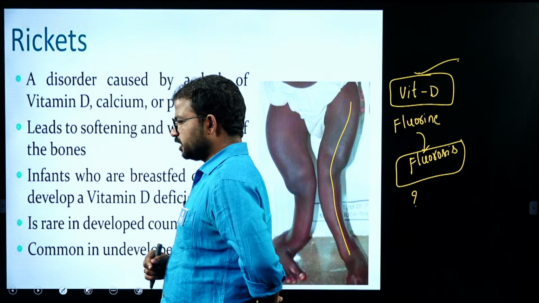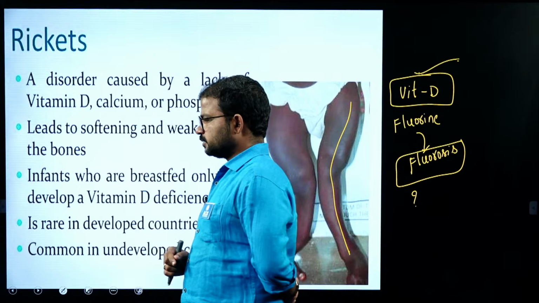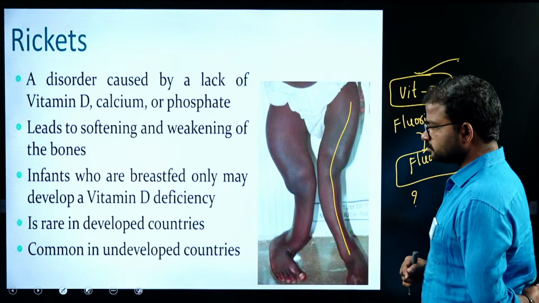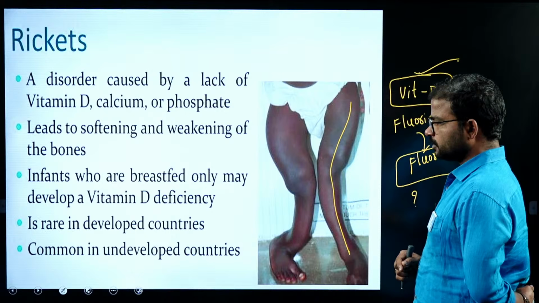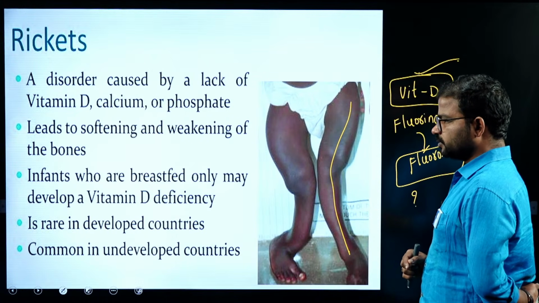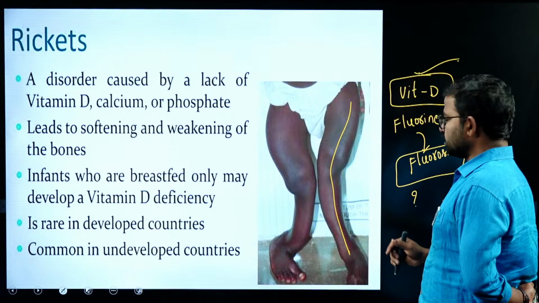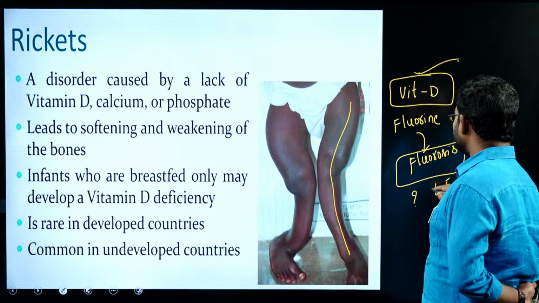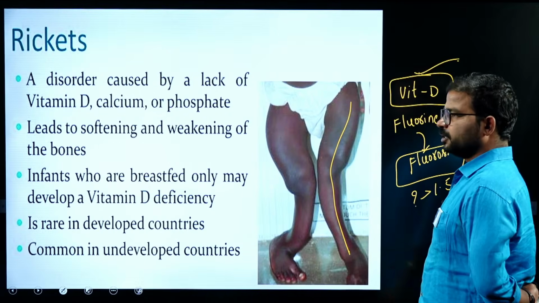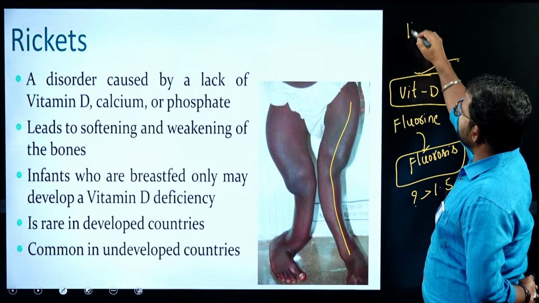Shiva, 5 milligrams per liter. 1.5 milligrams per liter. Okay, good. So more than 1.5 milligrams per liter, or 1.5 ppm.